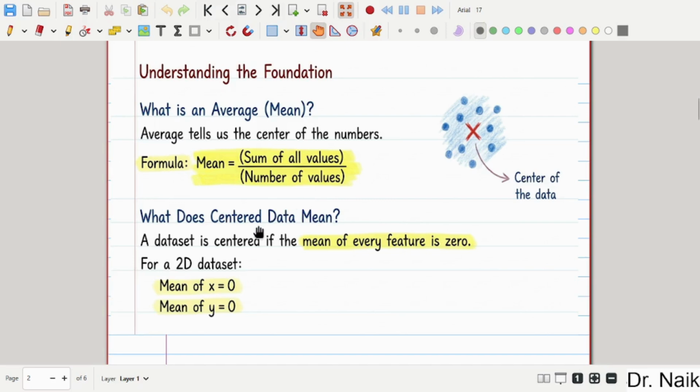So what do you mean by centered data? Centered data means the mean of every feature is 0. For example, in a 2D data set, if the mean of all x values is equal to 0 and the mean of all y values is equal to 0, then we can say that the data is centered.